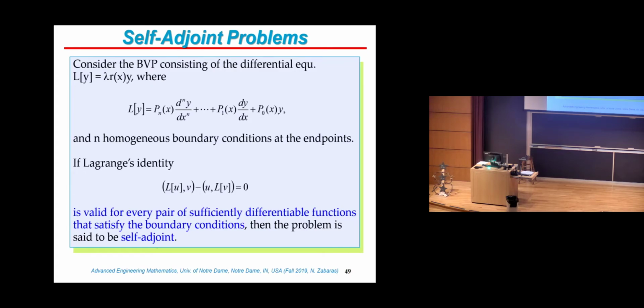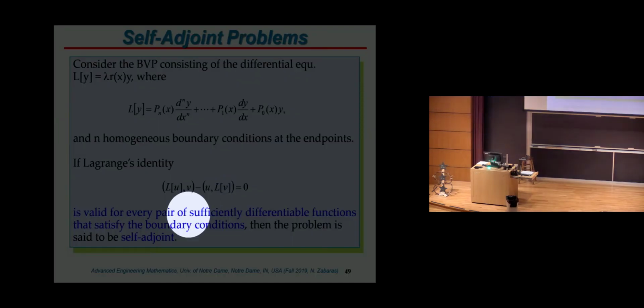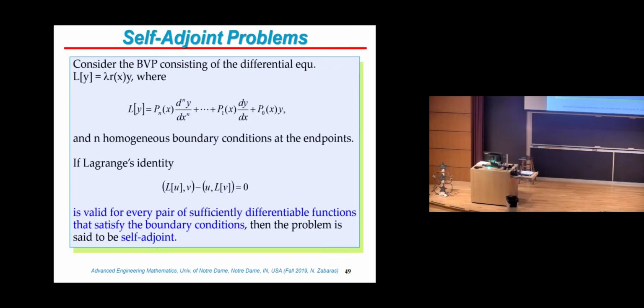Usually, if I give you a differential equation with some operator L, in the general case, you're not going to be able to prove that this is equal to that. As a matter of fact, for some problems, this operator L on the second term would be something else. And I gave you homework to do integration by parts and calculate the adjoint operator of the operator that I gave you.